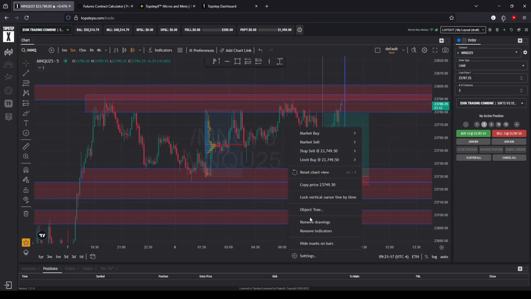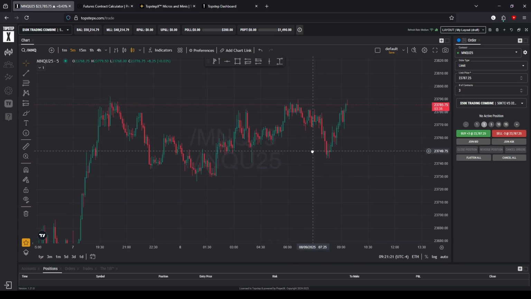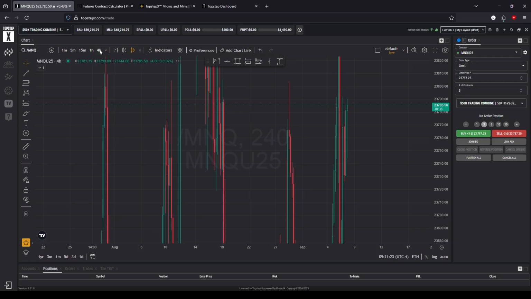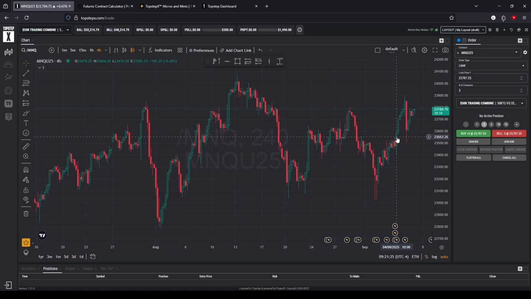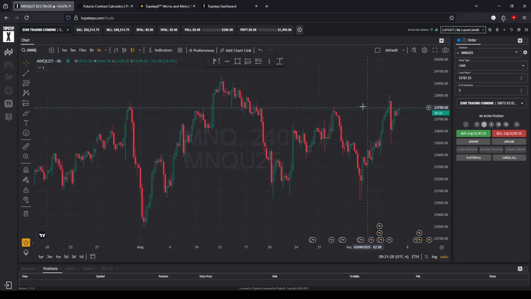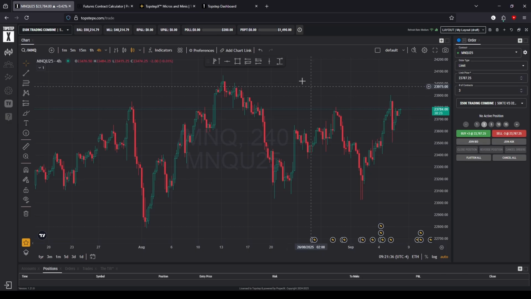So I'm gonna go quickly over how I like to draw these zones. I start on the 4-hour chart, and I look at where price is at the moment. So it's like this green line, blue, what is this? Yeah, green. And then you see it goes up here and then down here. So this is the range that I'm looking for.